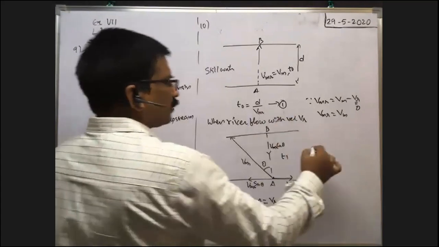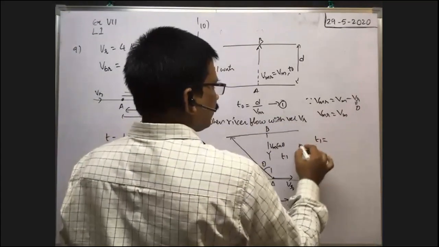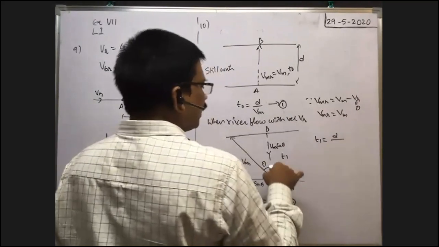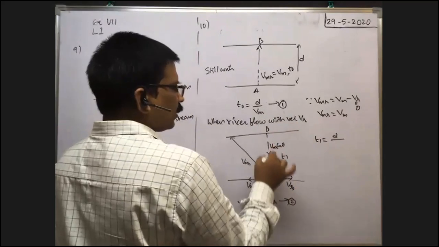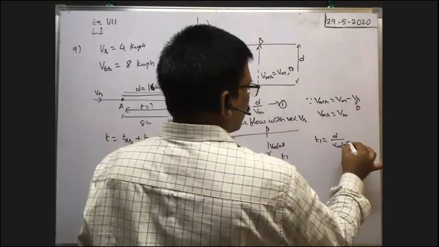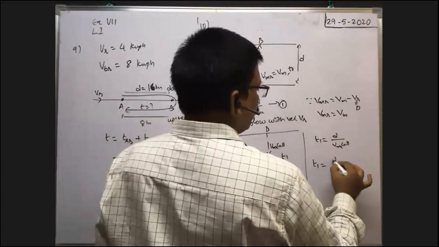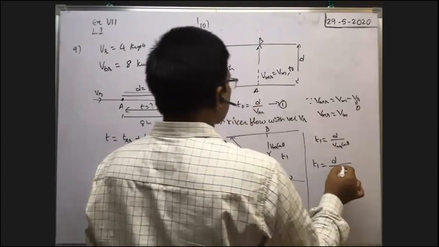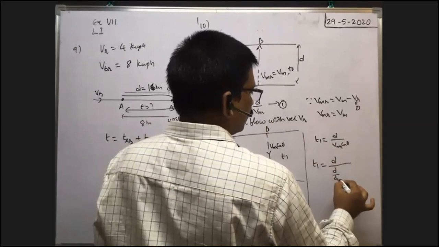Now time taken to cross the river along the shortest path is T equal to width of the river D by speed. As width is in this direction, along this direction velocity is equal to VMR cos theta. Therefore T1 is equal to D by VMR cos theta. VMR we can write as D by T0, so T1 is d by (d by T0) into cos theta.